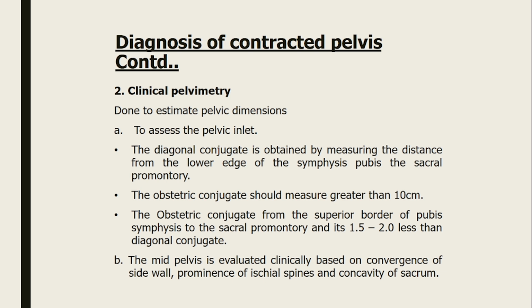At all times, it should be more than 10 centimeters. If the true conjugate is less than 9 centimeters, we are talking of a grossly contracted pelvis. True conjugate less than 9 centimeters is highly suggestive of a contracted pelvis.